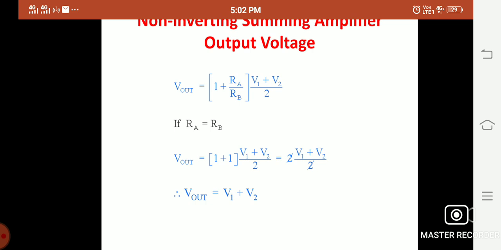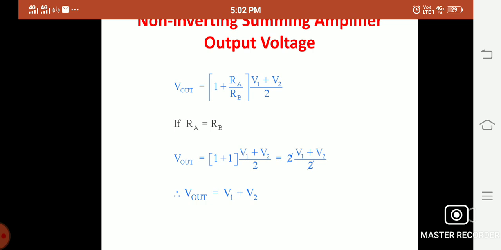Let the non-inverting input of the operational amplifier produce a non-inverting summing amplifier. We have seen that the inverting summing amplifier produces the negative sum of its input voltages. Then it follows the non-inverting summing amplifier configuration.